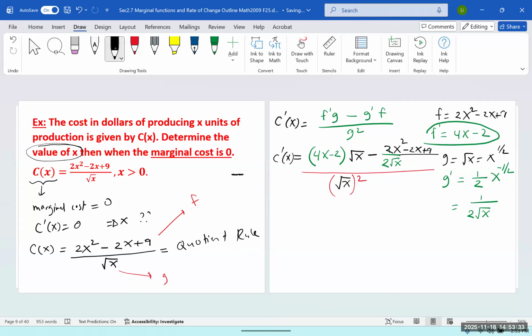Then comes the hardest part, simplifying this. 4x square root of x minus 2 square root of x, when you distribute, minus 2x squared minus 2x plus 9 divided by... Actually, never mind, don't distribute. (4x minus 2) square root of x.